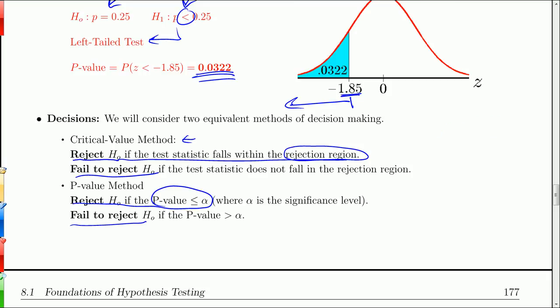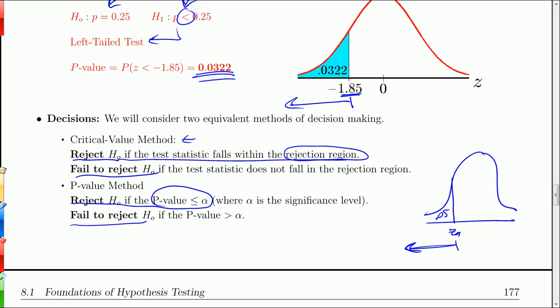And basically, for example, if I look at a left-tailed test at the 0.05, so suppose that's the significance level, and this is the z sub alpha. Basically, this is the rejection region, right? And so if I'm to the left of z sub alpha, the test statistic is in the rejection region.